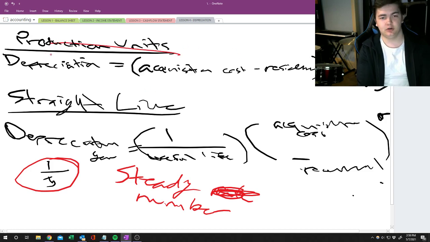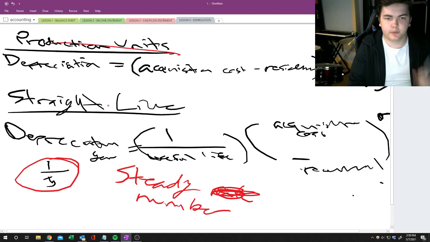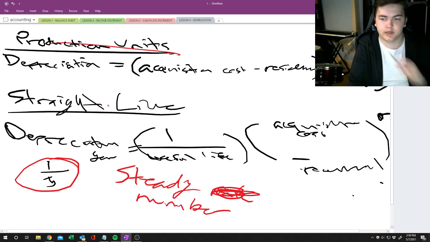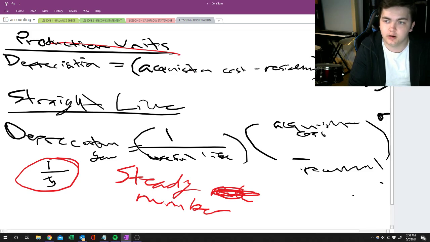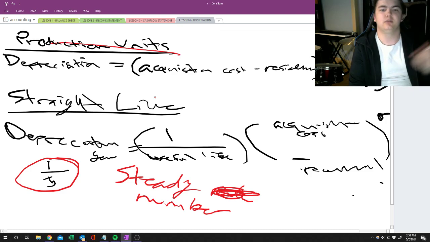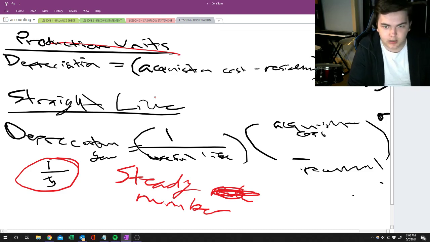This production unit is useful because sometimes with the straight line method, you're depreciating by the same expense every year, but the actual usefulness, the actual output of that machine, let's say it's a machine or an asset, is likely to diminish over time because it gets old and you have to maintain it or whatever it may be.